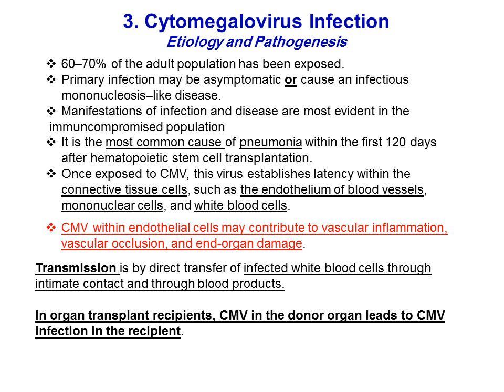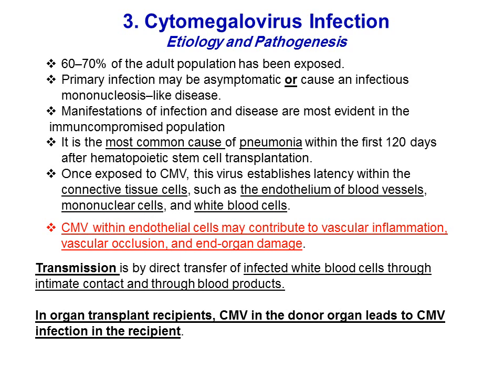It is the most common cause of pneumonia after hematopoietic cell transplantation, within the first 120 days after the transplantation. Once cytomegalovirus is established, latency will be within connective tissue cells, such as the endothelium of blood vessels, mononuclear cells, and white blood cells.